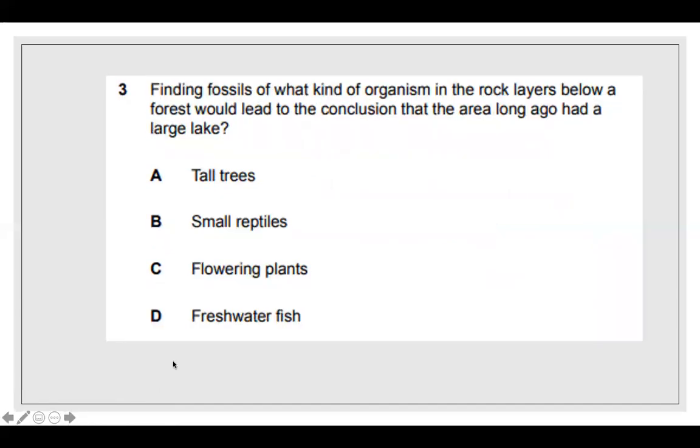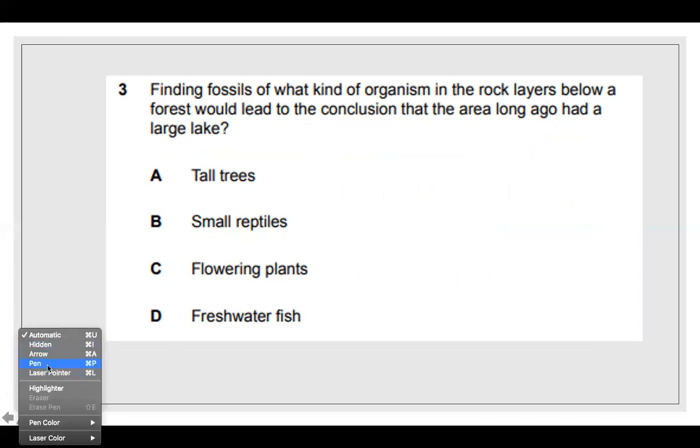All right, number three, finding fossils of what kind of organism in the rock layers below a forest would lead to the conclusion that the area long ago had a large lake. A, tall trees, B, small reptiles, C, flowering plants, or D, freshwater fish.